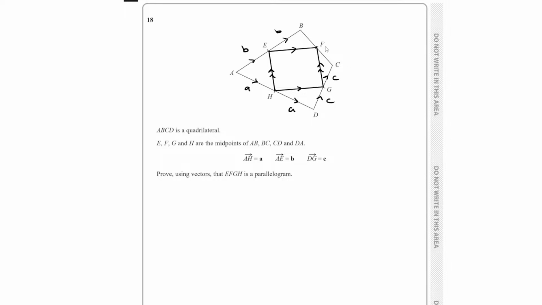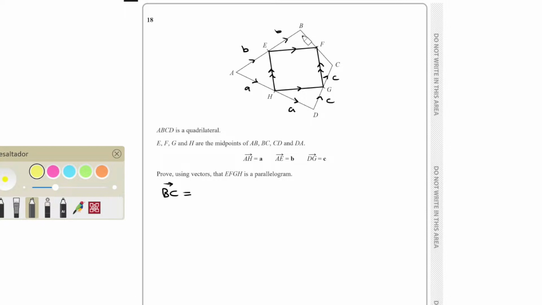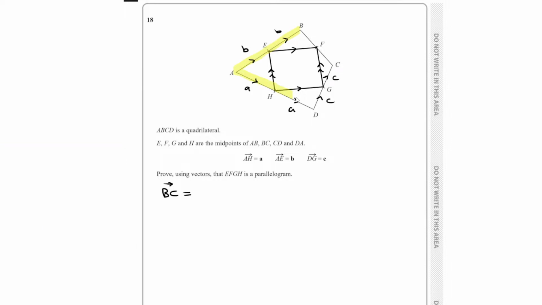Now the only thing we're missing is BF, which is halfway along BC. So we also need to work out BC separately to that, don't we? So BC, you'd obviously start at B, come down here, along here, and up here, wouldn't you? You'd have to follow the lines where you actually have defined vectors. Now, first of all, we're going the incorrect direction, so it's a minus. That would be minus 2b, and then along here would be plus 2a and plus 2c.